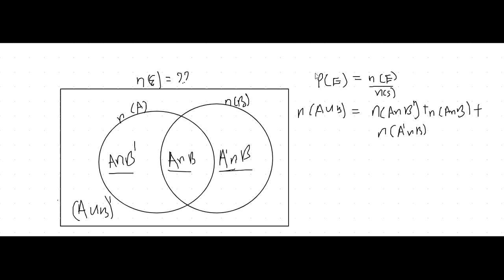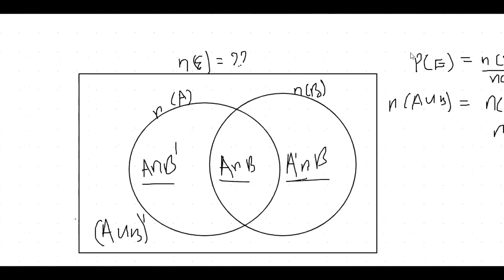Is there any alternative method of how we get A union B?